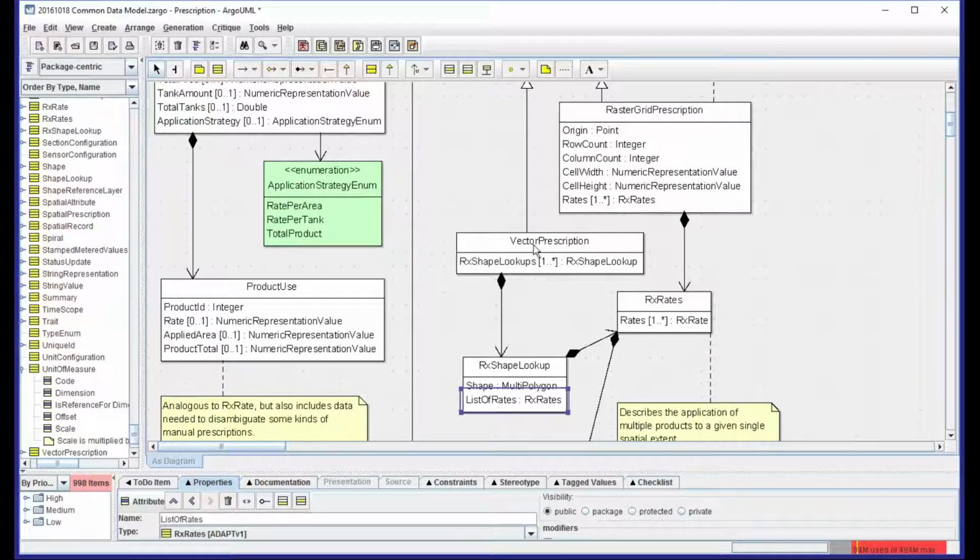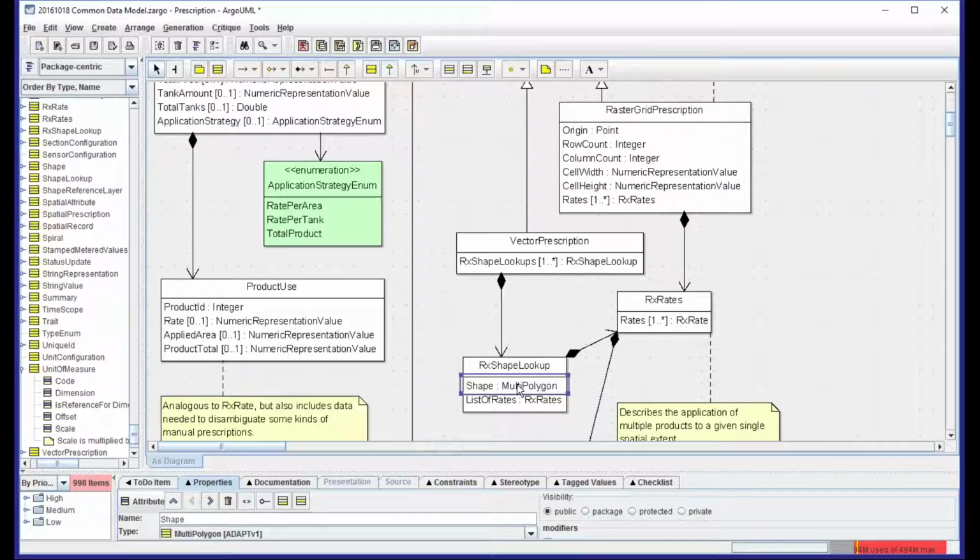So very simple. You have a vector prescription, which is, say, 5 different management zones. You could have 5 different RX-shaped lookups. Each one of those is a multi-polygon, again, enabling you to do different things. And when I say multi-polygon, I mean Open Geospatial Consortium definition of a multi-polygon, which is a construct that can have multiple outer loops.